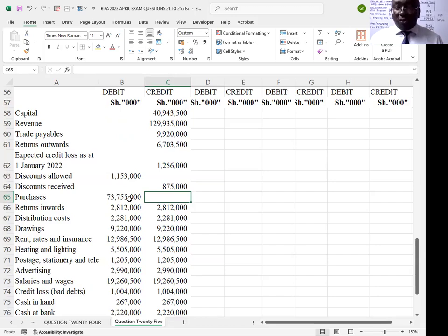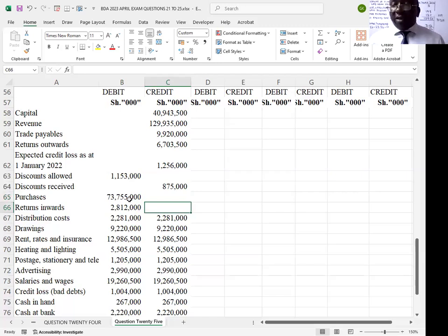Returns inwards. It occurs when we sell goods and customers return them. So they reduce our sales, so they are supposed to be debited. Or in other words, they increase our assets, so we are supposed to debit.